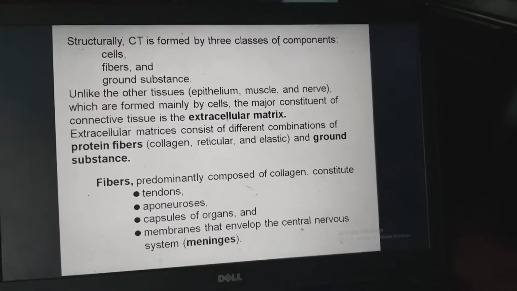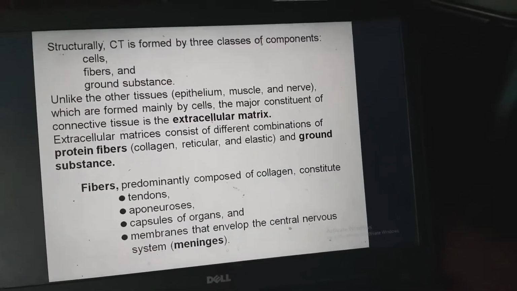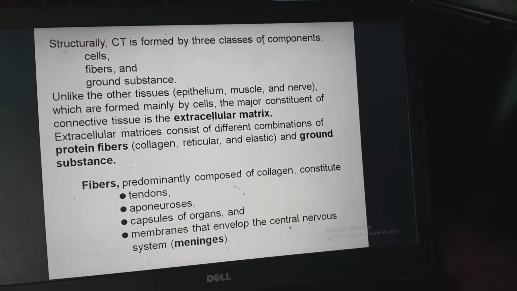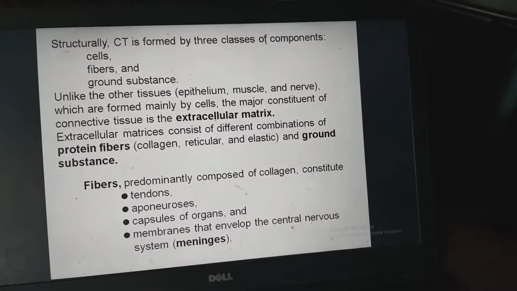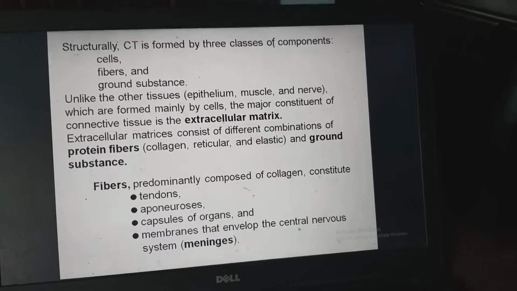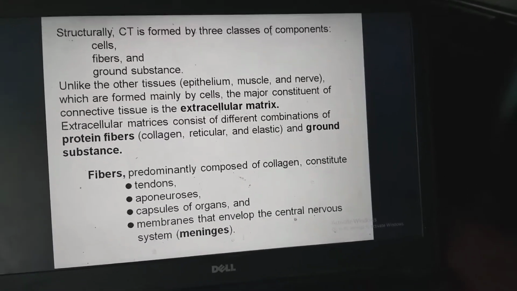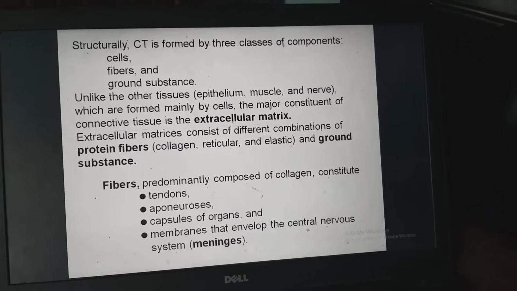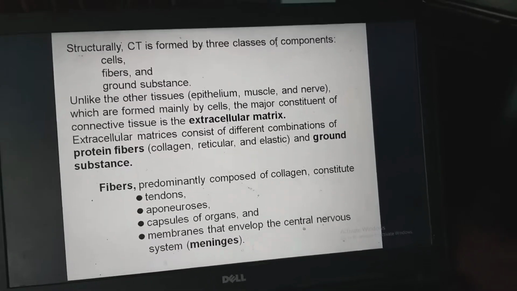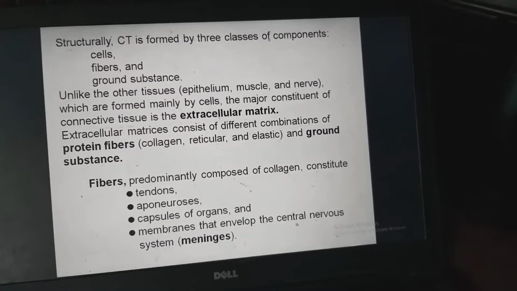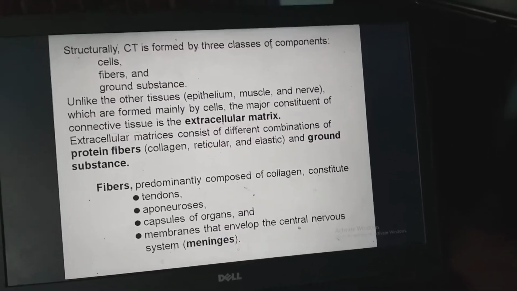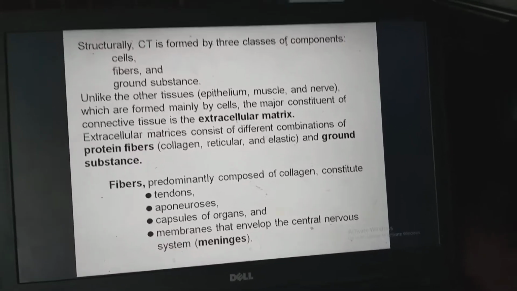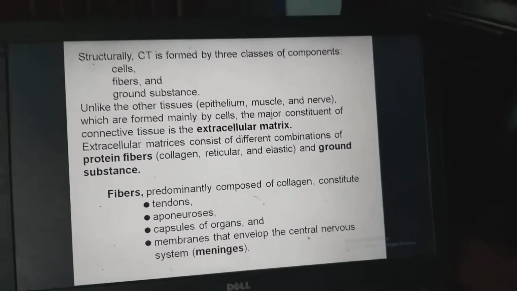There are three major. Fibers are predominantly composed of collagen, as we have said. Mainly it is found in tendon, aponeurosis, capsule of organ, and the membranes that envelop the central nervous system, like meninges. Not in the organ, it is in the membrane, don't forget. It is not in the central nervous system. It is found in the structures covering the central nervous system. So it is found not in the brain. It is found in the membrane covering of the brain.